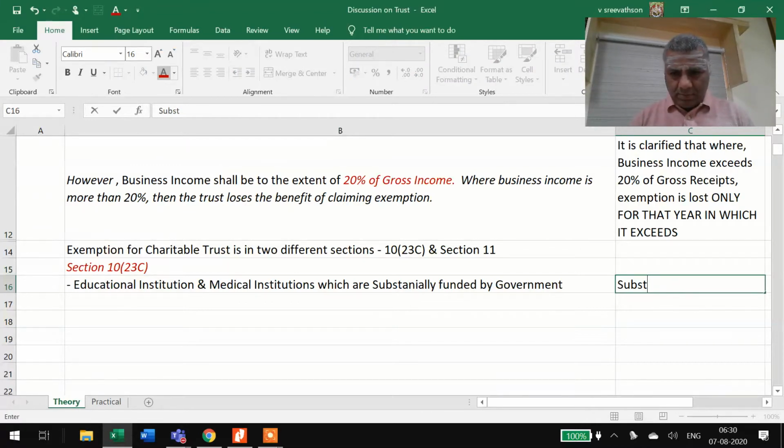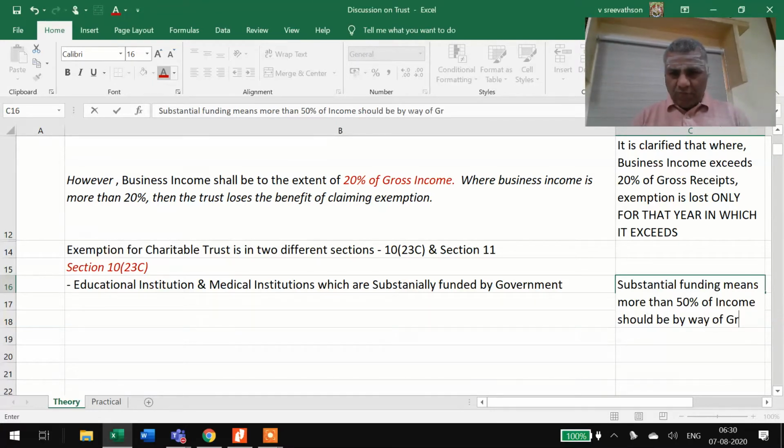Substantial funding means more than 50% of income should be by way of grant from government.